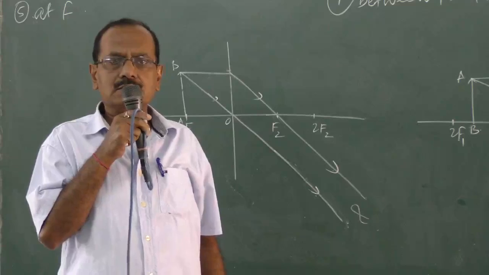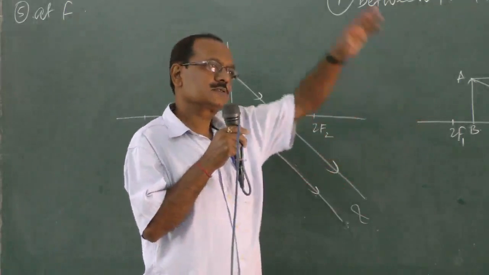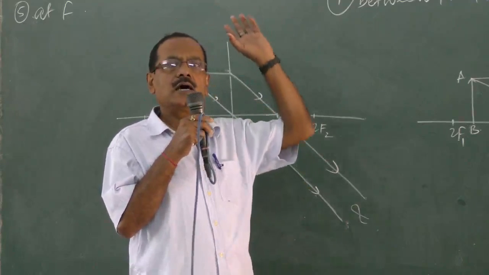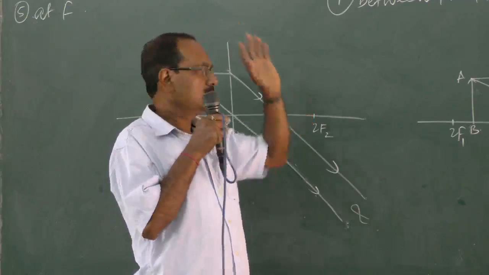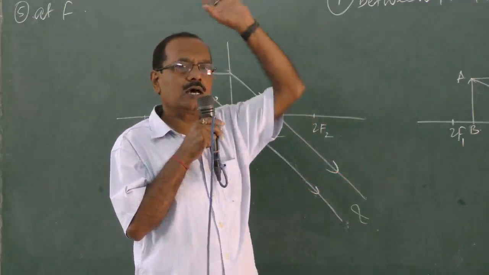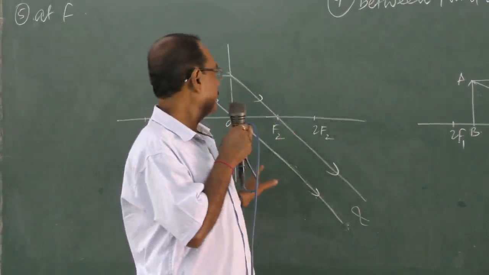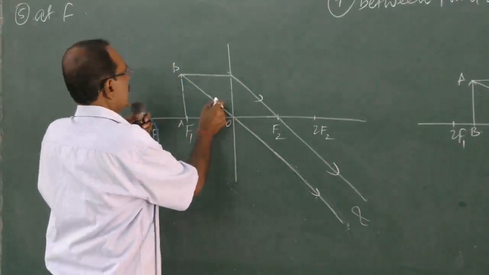So we can say the image is highly magnified or highly enlarged, and it is forming at infinity, very, very far.